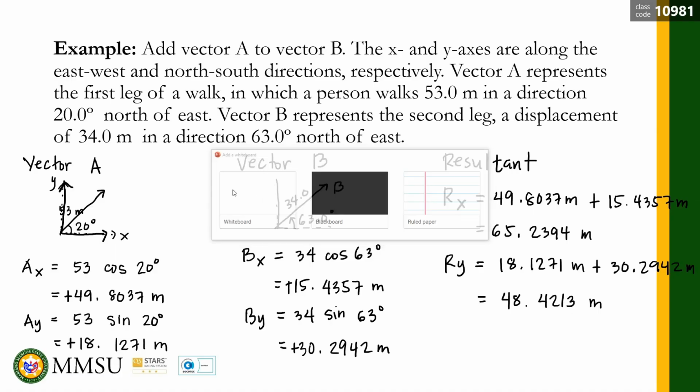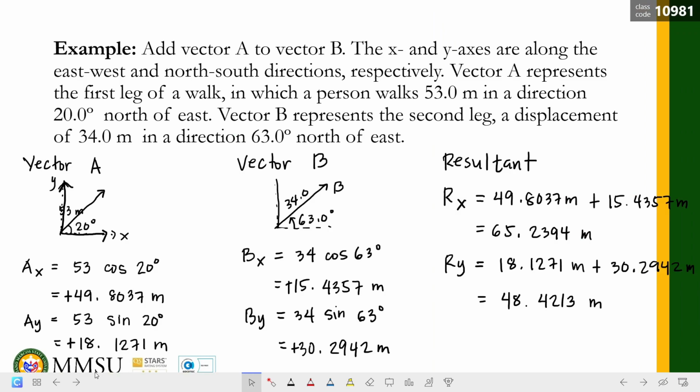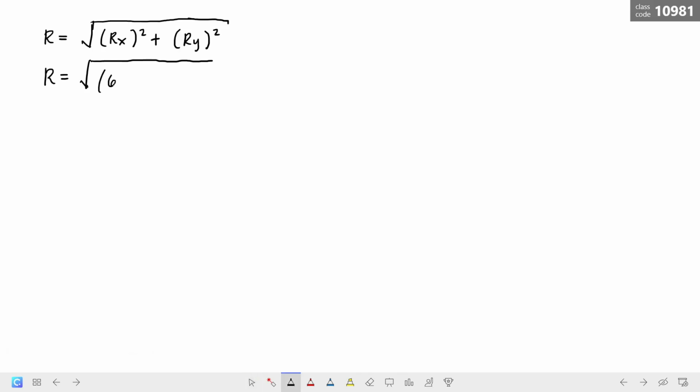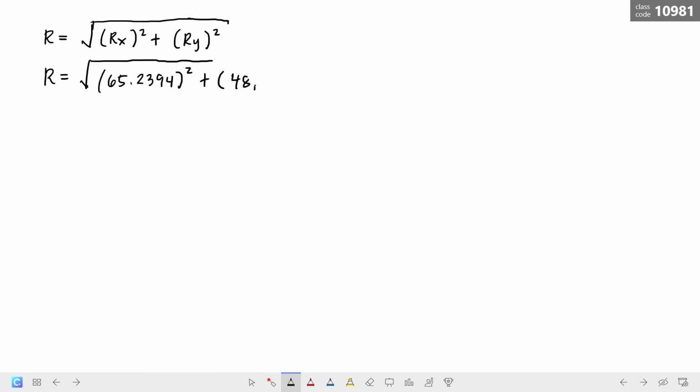For the resultant R, we are just going to use the Pythagorean theorem: the x component squared plus the y component squared. So R is the square root of the x component, 65.2394, squared, plus the y component, 48.4213, squared.